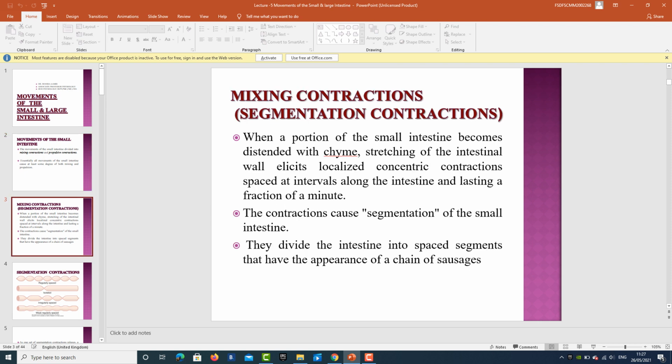Mixing contractions: when a portion of the small intestine becomes distended with chyme, the stretching of the intestinal wall elicits local concentric contractions. So stretch is one of the major stimuli leading to their formation. What are these contractions meant for?